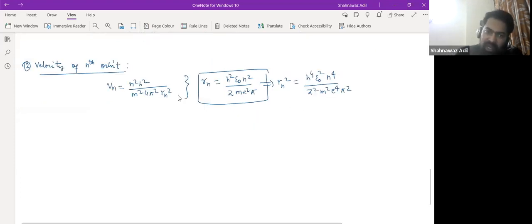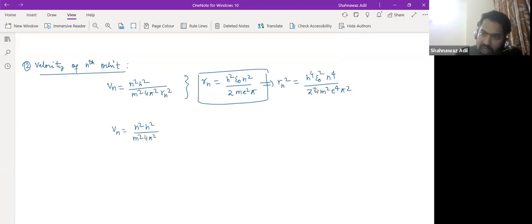If we put this value in here, so Vn square would be how much? n square h square by m square 4 pi square, and Rn square is h4 epsilon naught square n4 by Z square m square e4 pi square.